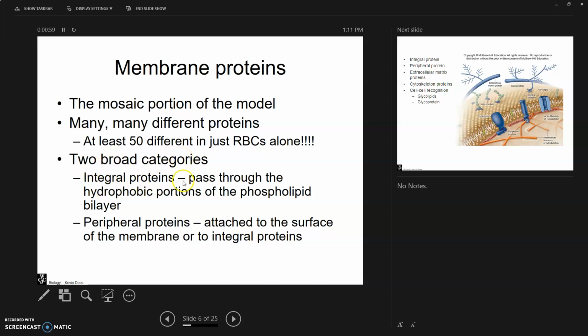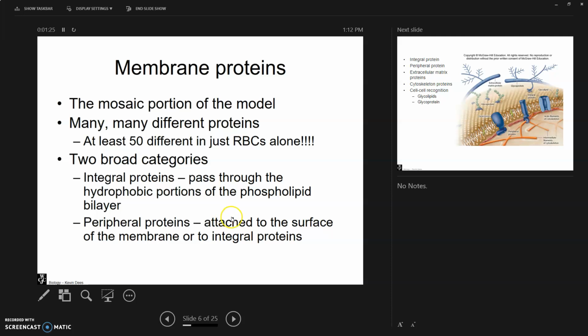Integral proteins are the ones that are going to pass completely through the hydrophobic portions of the phospholipid bilayer. So you would find an integral protein having a surface on the extracellular space, passing completely through the phospholipid bilayer, and then having a surface on the intracellular space. The second category are peripheral proteins.